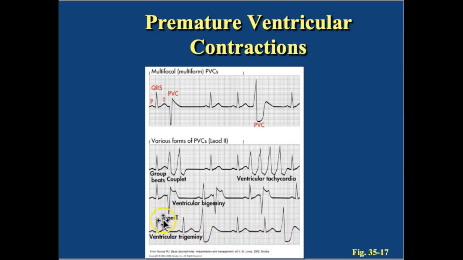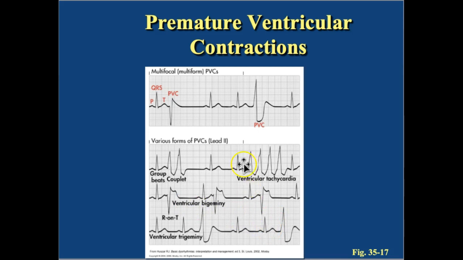R on T is an important phenomenon to know about because it can put people into VTach very quickly. It's basically when your PVC hits on the T wave, when the ventricles are repolarizing. If you have an impulse come through that hits on that, it can send a person into VTach, so just know about that.